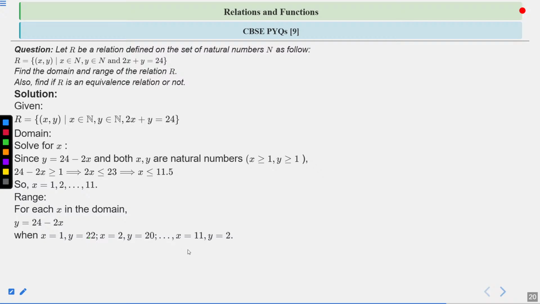It will go on till x is equal to 11, where y is equal to 2. So the range will be 2, 4, 6, 8, 10 till 22. So the domain is 1, 2, 3, 4, 5, 6, 7 till 11, and the range is 2, 4, 6, 8, 10 till 22. Got it?